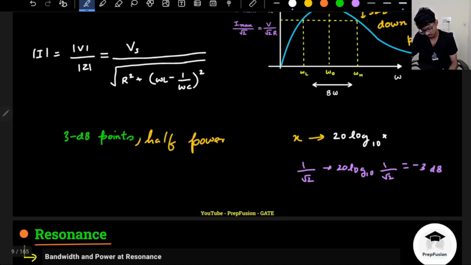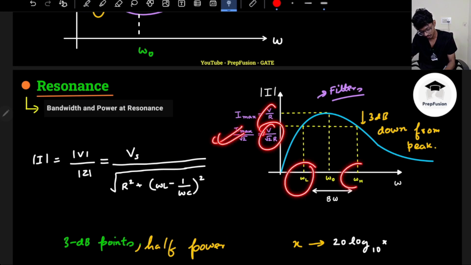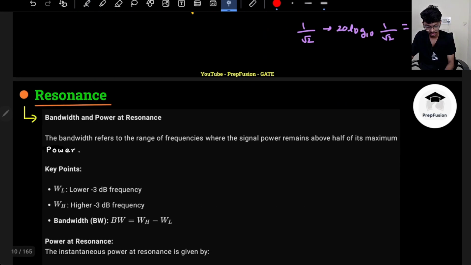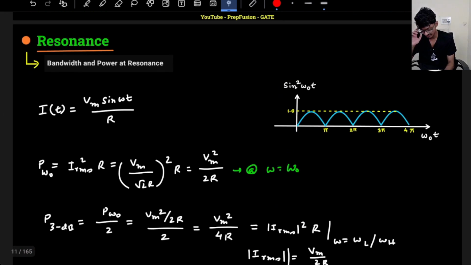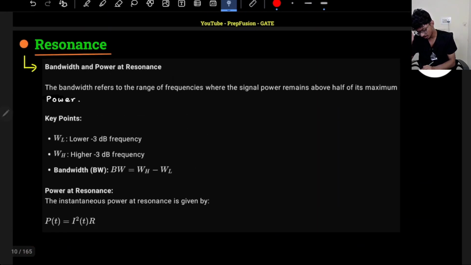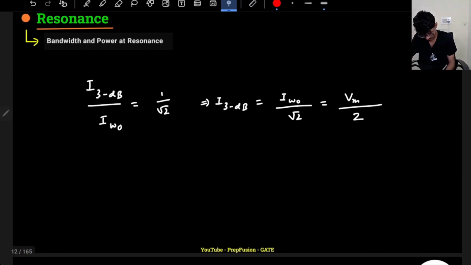So that is what I have written here, V by root 2R. Why? This is the peak value V by R, and if I divide by root 2, I will get the cutoff frequency currents. So at cutoff frequency, the power is half. These are the half power points. Power is half of its maximum value, but the current is 1 by root 2 times.